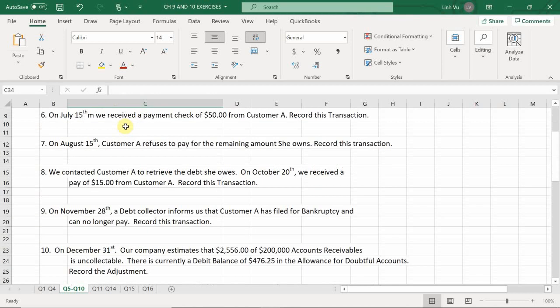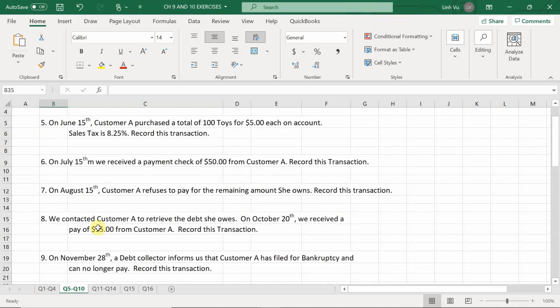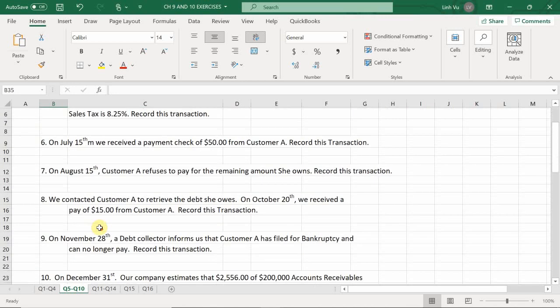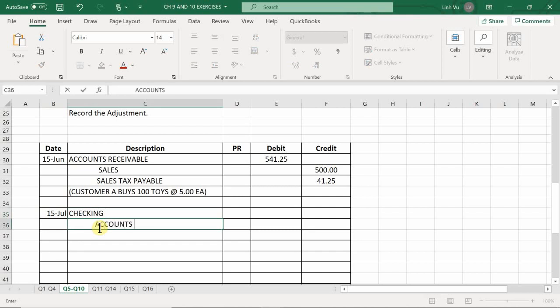So we received $50, exactly a month later, from customer A. Since we received a check, it's going to automatically go into our checking account, and it's going to reduce the accounts receivable by $50.